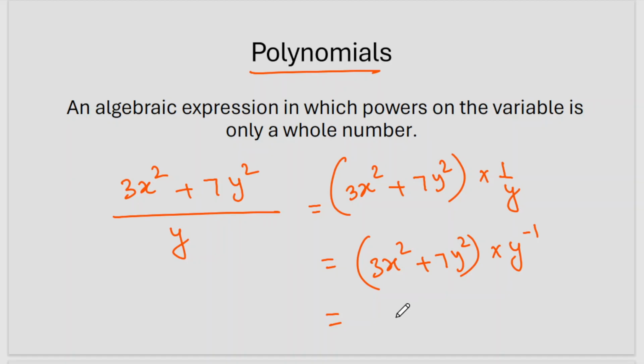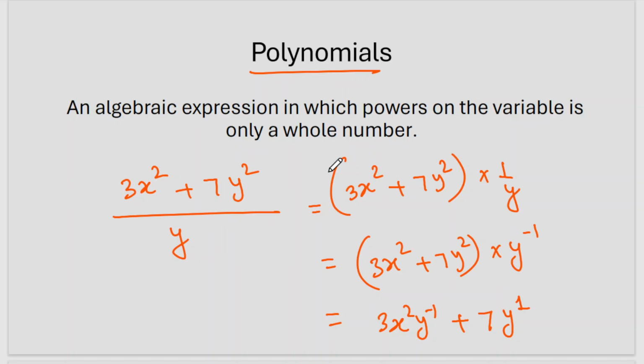Now what will I get? 3x square y to the power minus 1 plus 7. If you apply the law of exponents, the power on y will be 1. Now, you can see the power on y is minus 1.